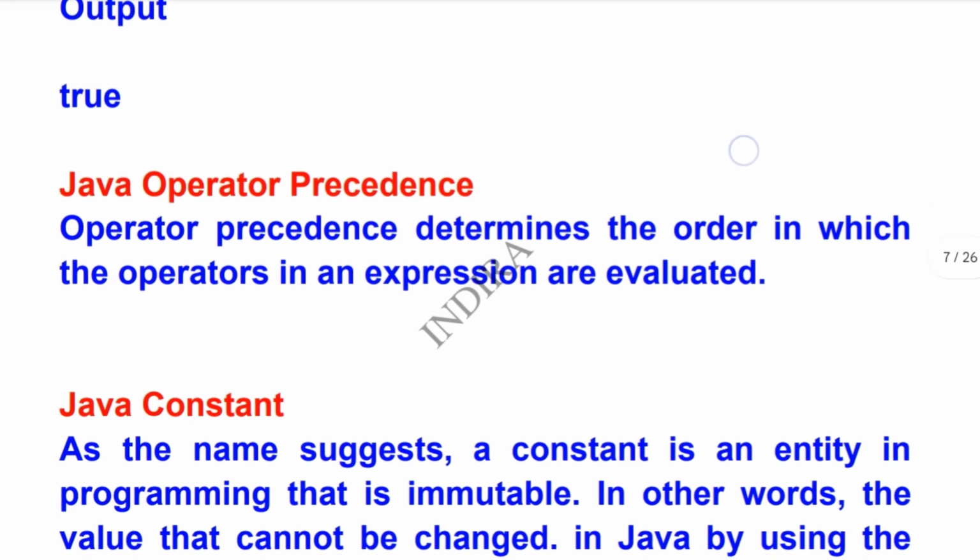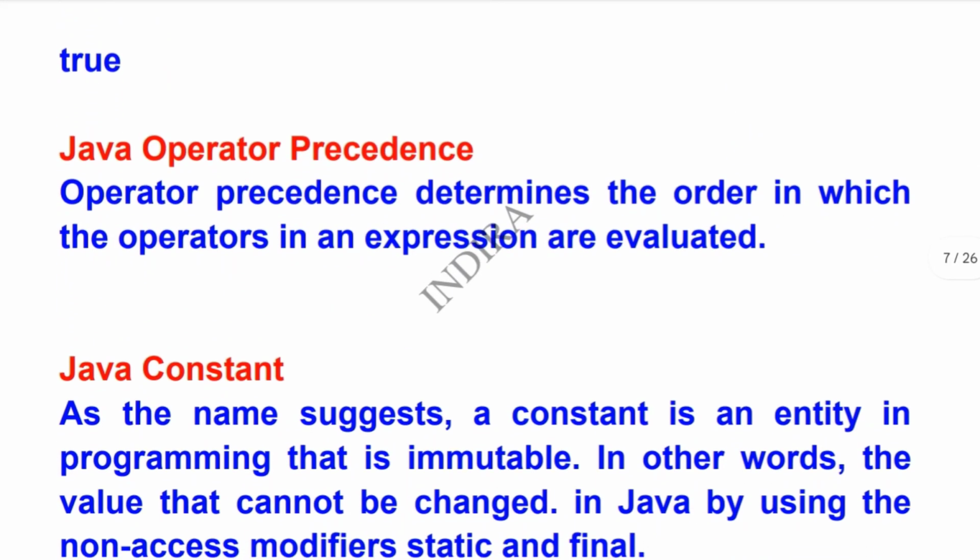Next, Java operator precedence. Operator precedence determines the order in which the operators in an expression are evaluated. In Java, a user may use more programs at a time. At that time, this Java precedence puts the data in a sequence.